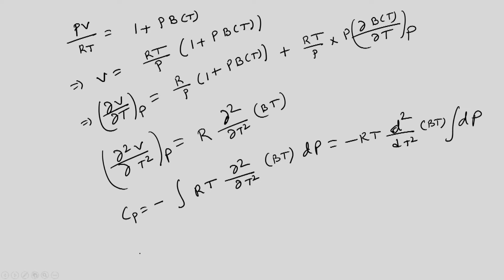This is the value of Cp. So we get Cp is minus RT d2 by dT2 times Bt plus a constant, right.